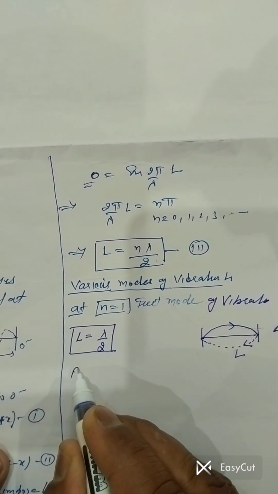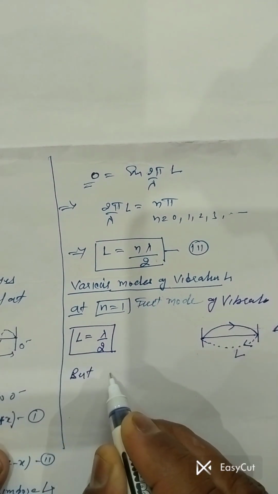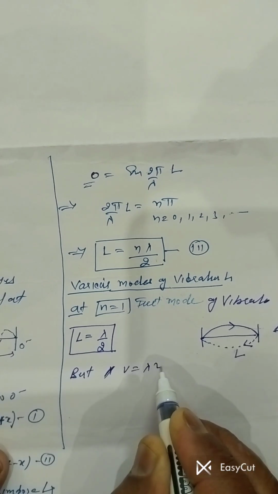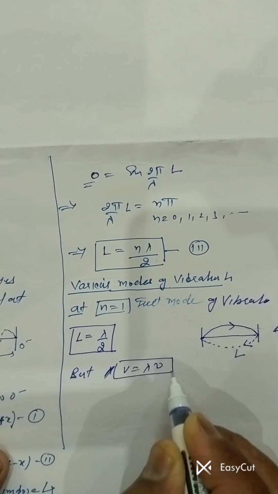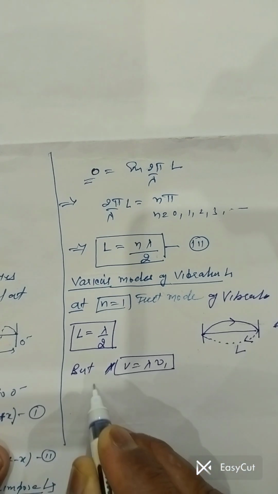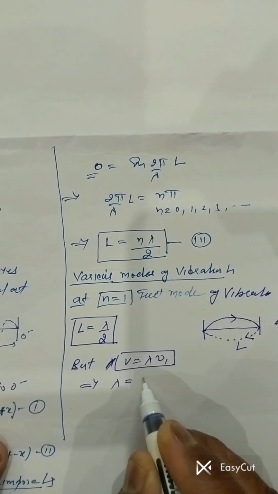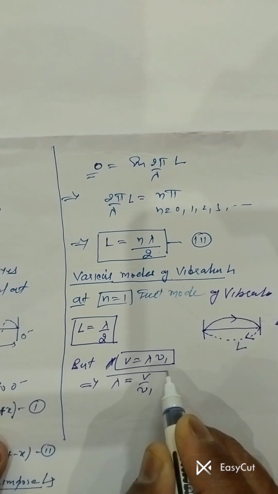But in terms of frequency, we know that V is equal to lambda into nu. Now we will put here nu 1 because it's the first mode. So lambda can be made equal to V upon nu 1.